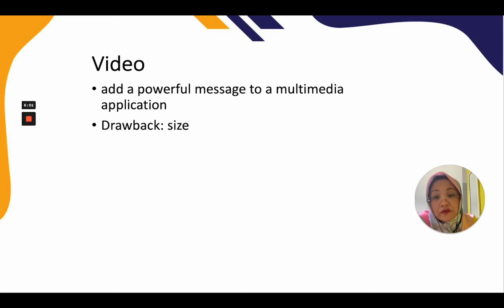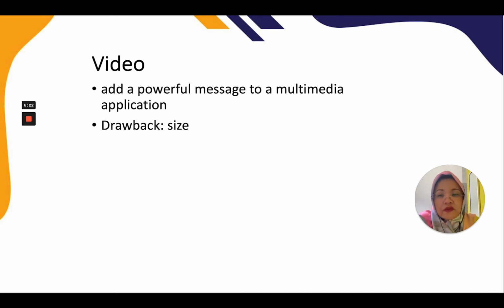We have video. This is very powerful, especially for the new generation these days. They can just simply watch a video to learn. The drawback with video is the size. The longer the duration of the video, the bigger the size is going to be.